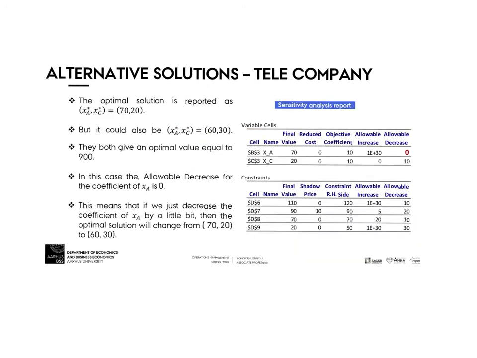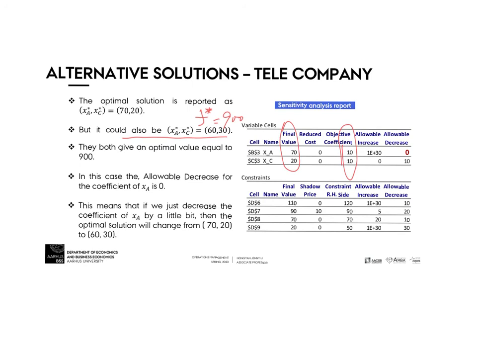So now let's see, the optimal solution is reported as 70-20 in your report. Now you can see we already changed the objective function. If we solve the LP model in Excel Solver again, they actually report the same original optimal solution. But actually it could also be 60-30, as we said, the optimal objective value now is 900.